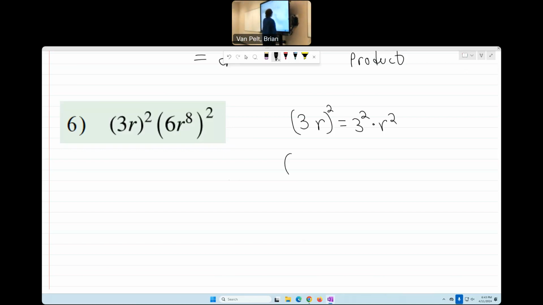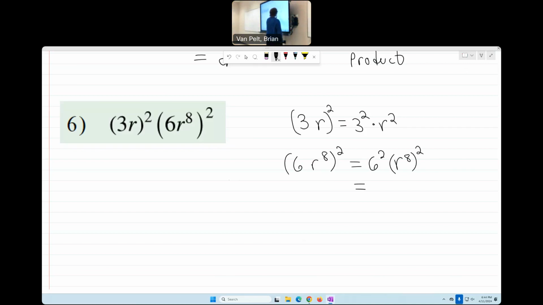The other one, I have to use this 2 and put it into each one of them. This is 6 squared, but this here is complicated. It's got to be that big raised to the second power. Now, what would I use to work that last little piece there? R to the 16th.